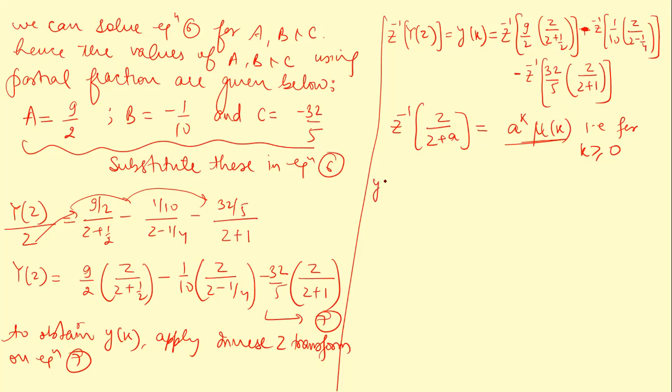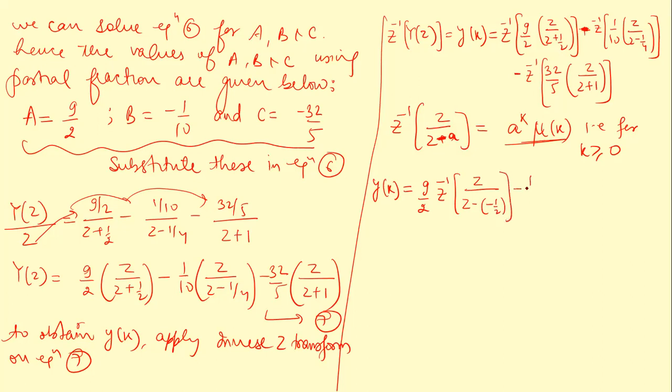So it has a standard form itself, so we need not apply anything else. So yk here is 9 by 2 times the inverse z transform of z upon z minus a. Sorry, this is z upon z minus a. You are right. So z upon z minus a is a raised to the power k mu k. So we will convert it to that form. So z minus minus 1 by 2, right? We'll write it like this.